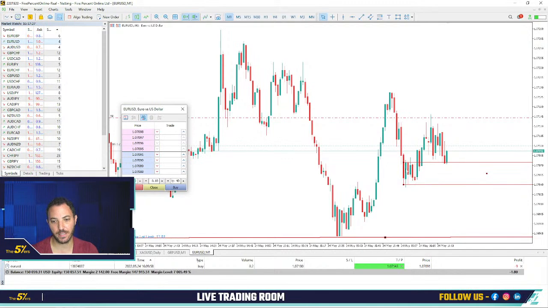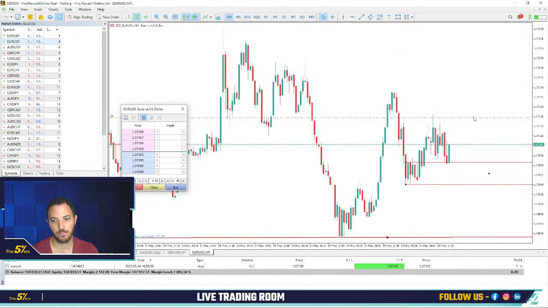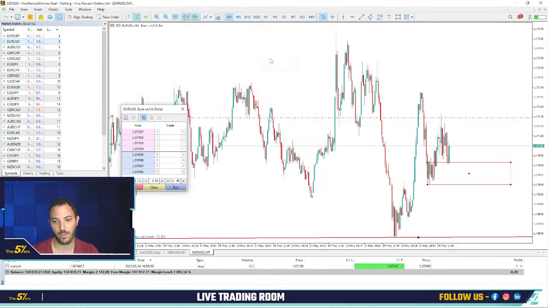Okay, we just tested this little area there. Let's see if we can have some movement to the upside. It's funny because we have patterns within patterns. We have consolidation, and within a pattern we have different patterns, which recognizing is a good thing to learn to do.